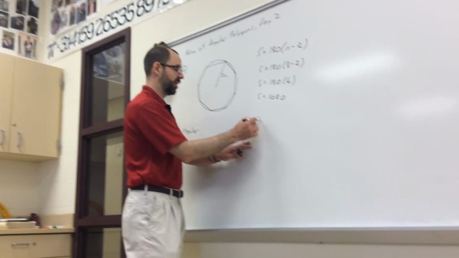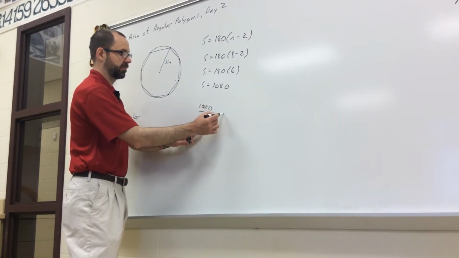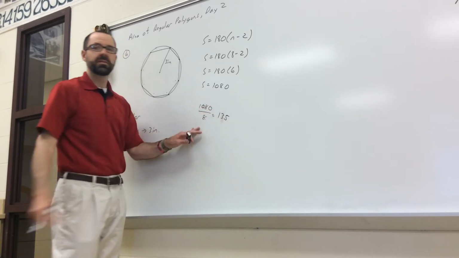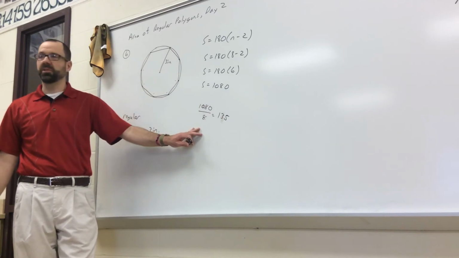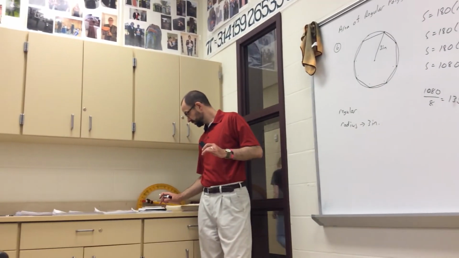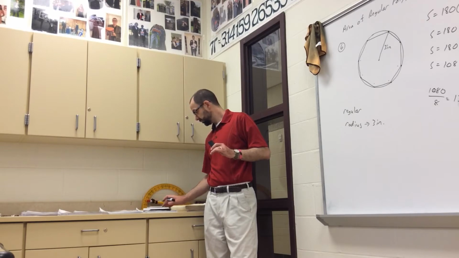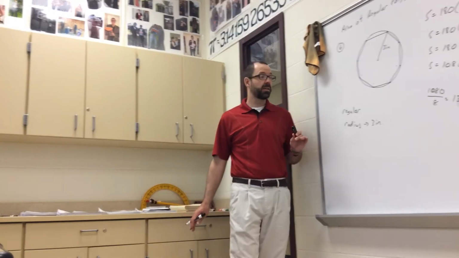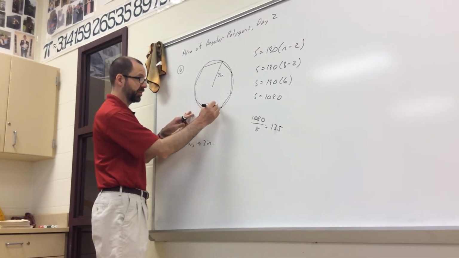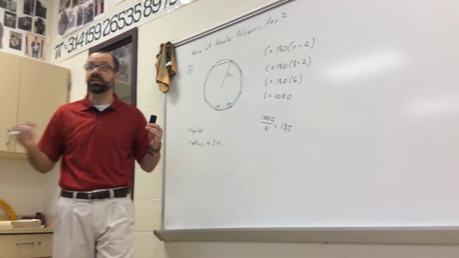If you just take what they all add up to and divvy it up evenly, it's 135. So that means that this angle here is 135, and this one is 135, and that one's 135. They're all 135 because it's a regular octagon.